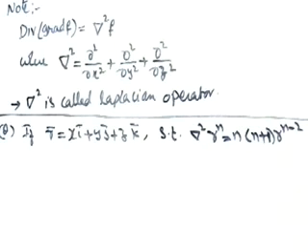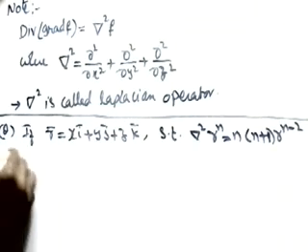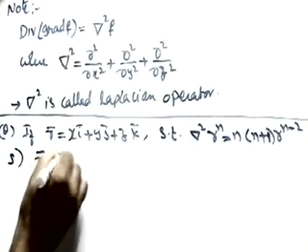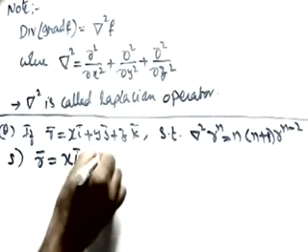So let me do one question on this. See here, if r equals xi plus yj plus zk, then show that del square r power n equals n into... We already did a few steps in the last questions.